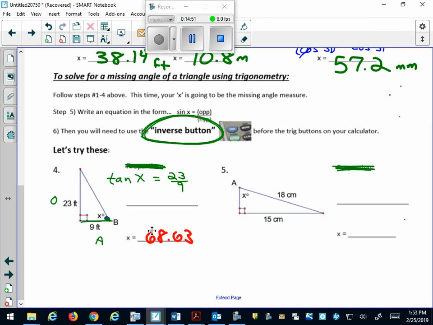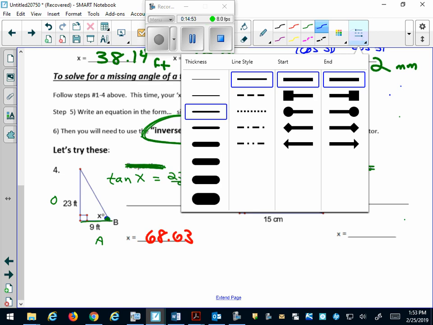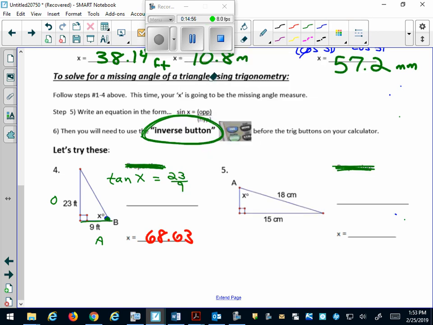Okay, so let's add a few things to this here. This is how we originally set it up: tan of x equals 23 over 9. In your calculator, it looks like this: tan to the negative 1 of 23 over 9 will equal x. It will equal whatever the angle measure is.